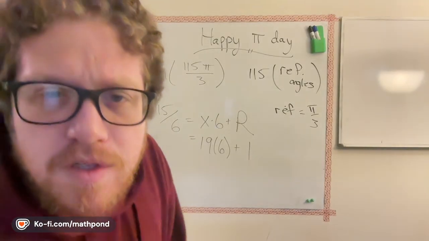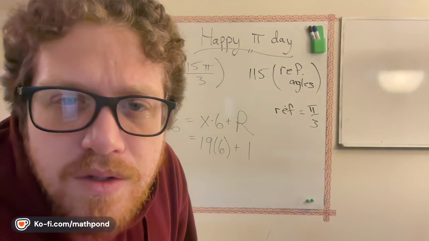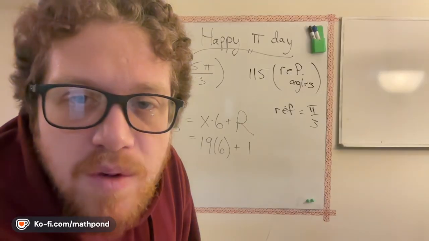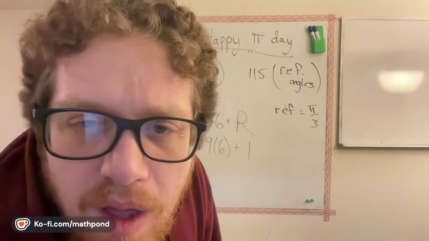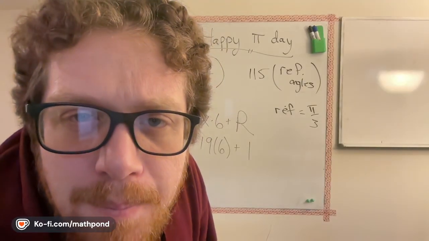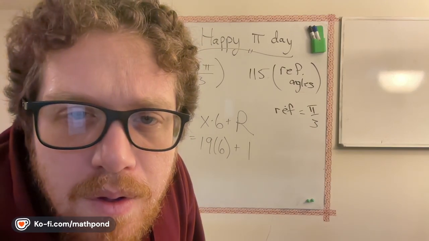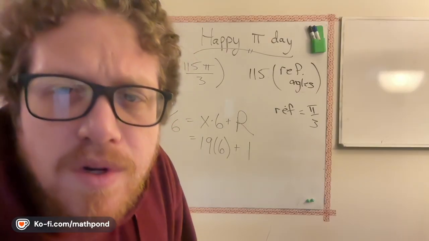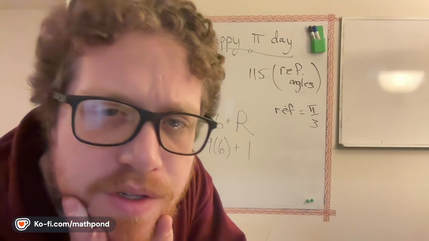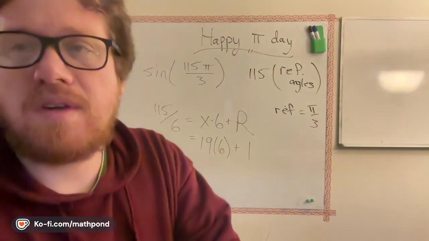Is this what your notes are doing? Yeah, so you divided 115 by 6, you got 19. That looks all good. Where did you say the remainder is 1 though? I don't see that. Let me increase the size.